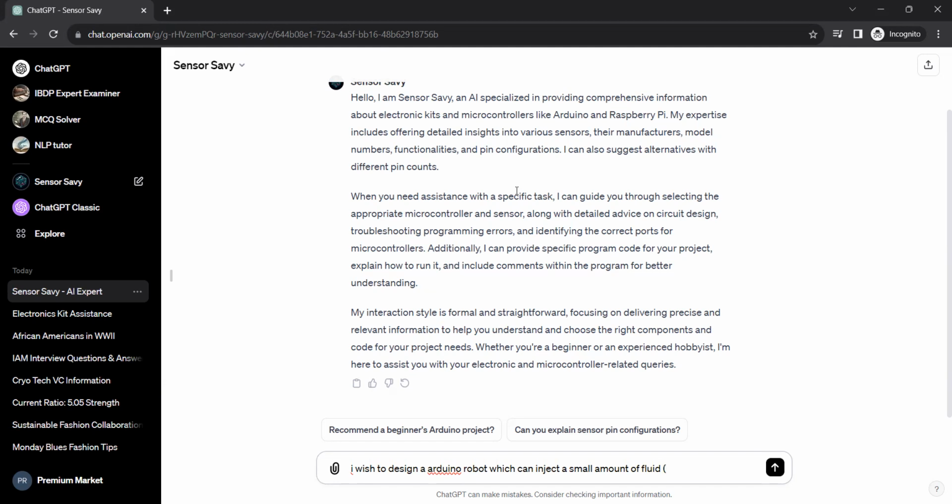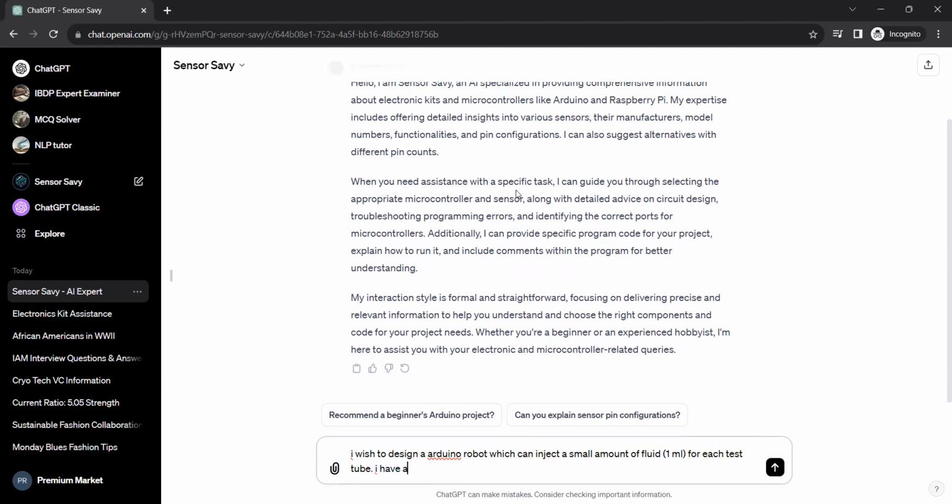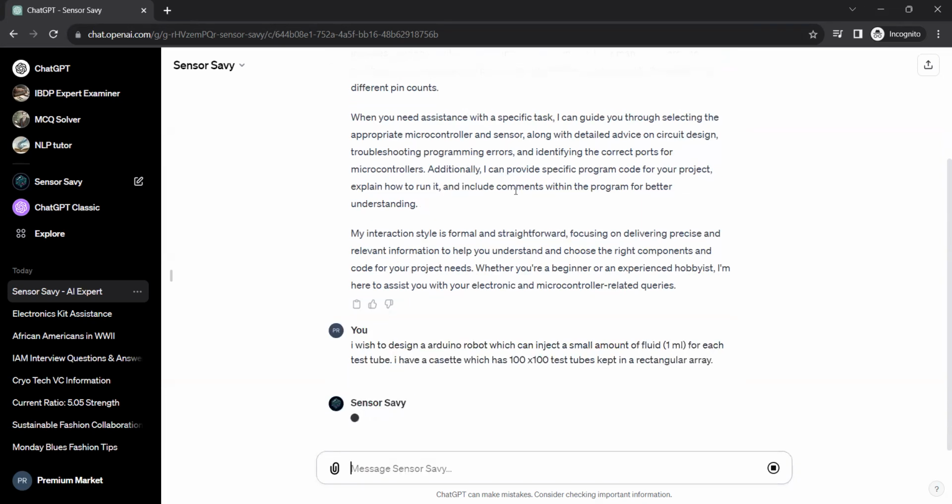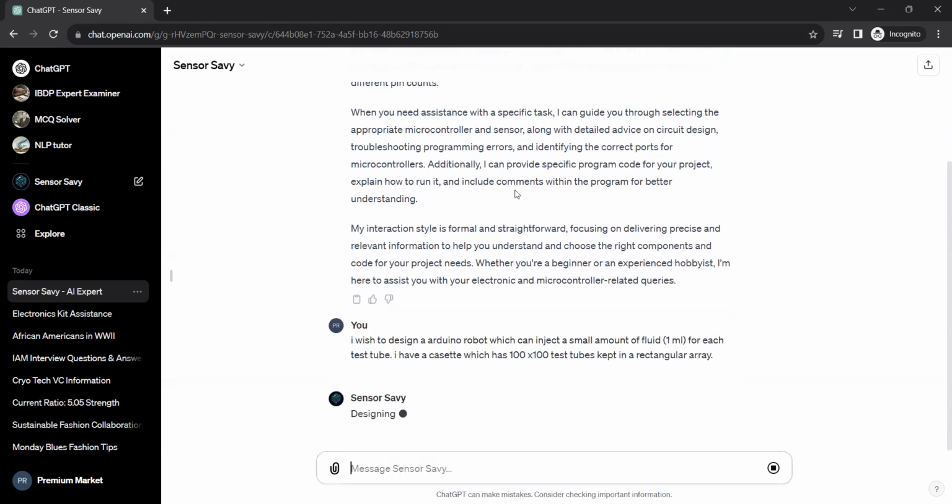Let us say, for example, 1 ml for each test tube. I have a cassette which has 100 into 100 test tubes kept in a rectangular array. I'm giving you only so much. Okay, let us see what it gives.